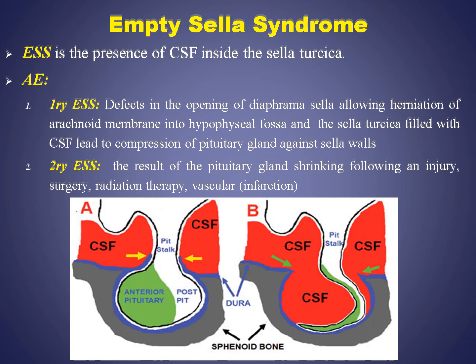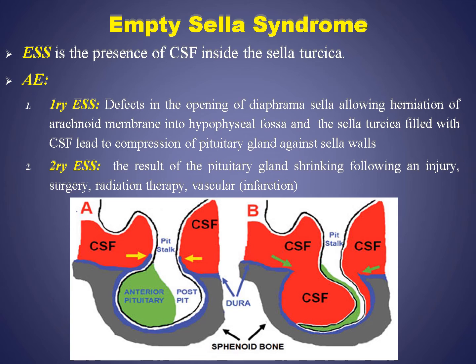What makes CSF invade the pituitary fossa, in spite of the fact that we know from the anatomy that the pituitary gland is a structure free of CSF? The presence of CSF could be related to a primary defect in the diaphragma sellae. If you remember, the diaphragma sellae is the roof of the pituitary fossa, formed from a dural fold.